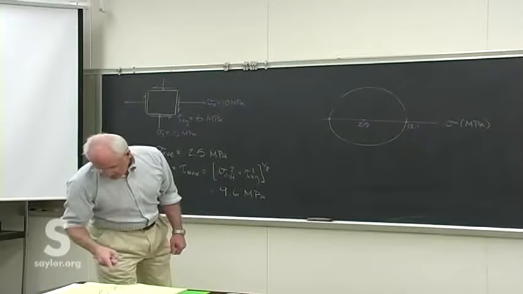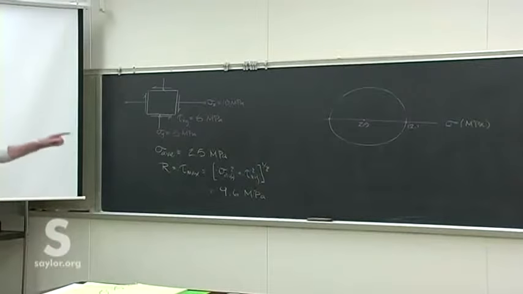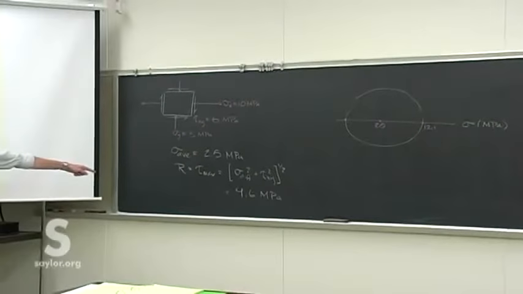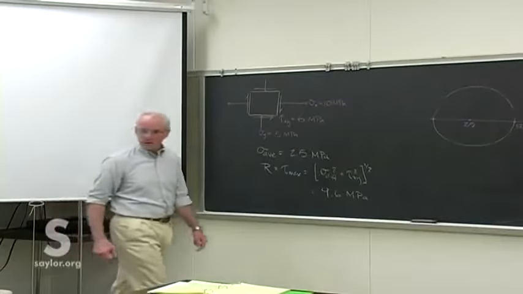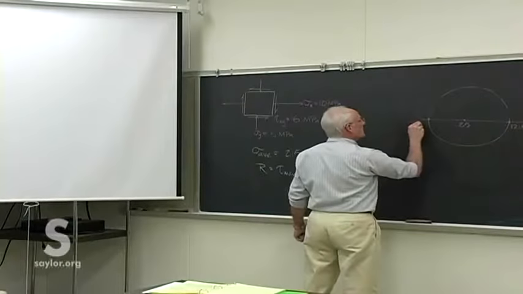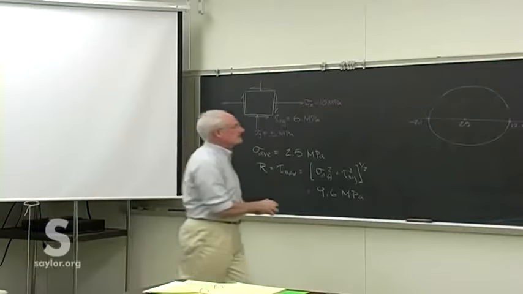What is that one? 2.5 minus 9.6 is negative 7.1. And the negative sign's important because we're trying to place the axes.